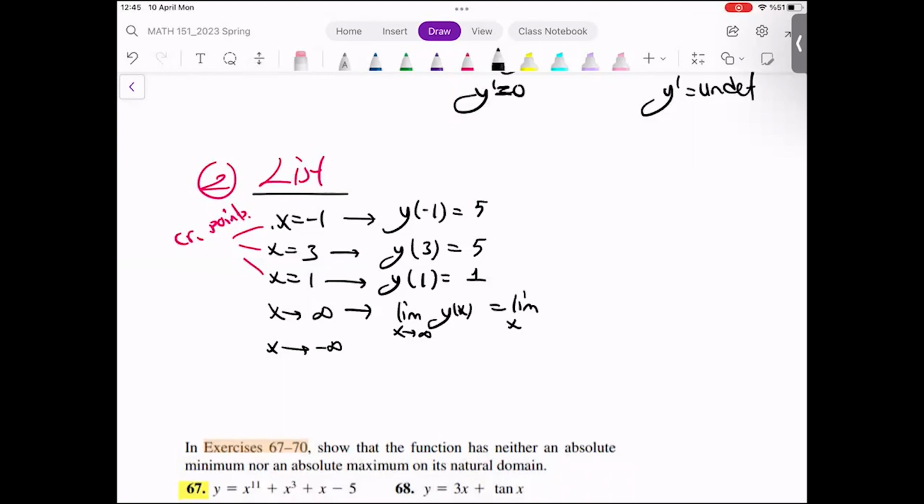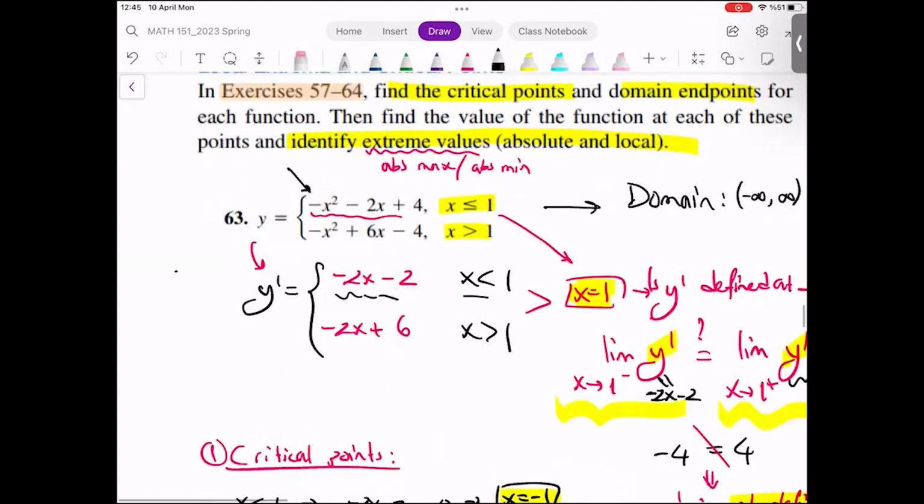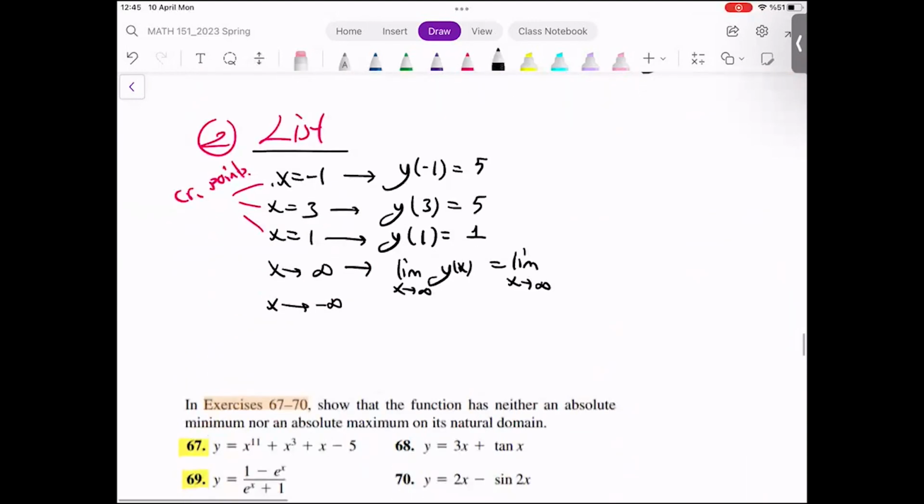Since x going to infinity is bigger than 1, I will take this part of the function: minus x squared minus 2x plus 4. What is this limit? If you insert x equals infinity, because of the minus coefficient in front, it is minus infinity. Let's also compute the other limit.